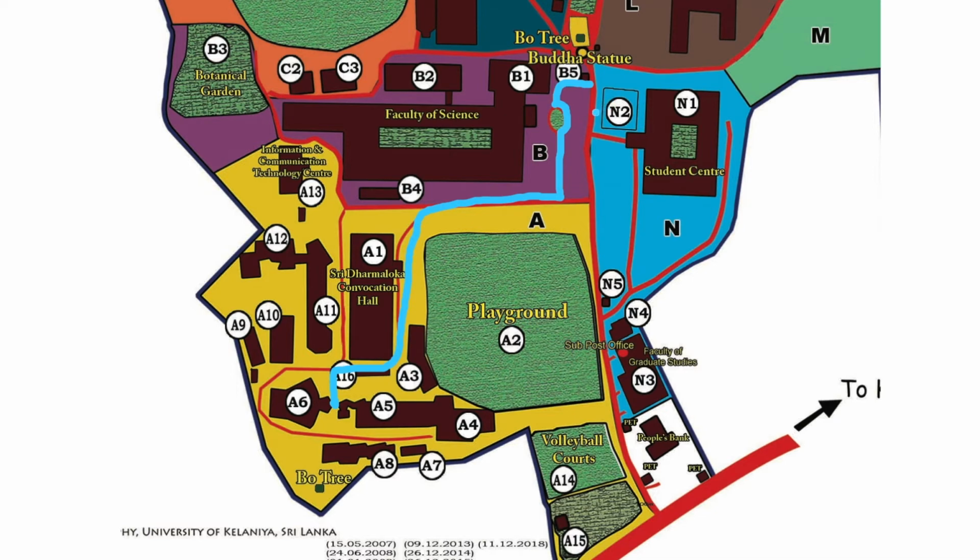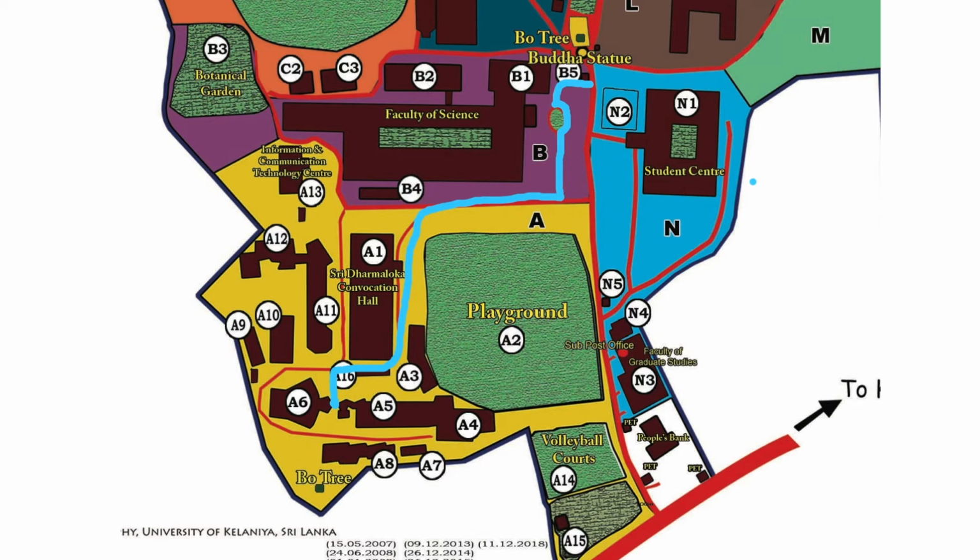So, that means we have to be precise when we are giving the instructions, and our instructions need to be accurate. Then only our guest can take our directions and start from the main entrance and go to this Department of Statistics and Computer Science.